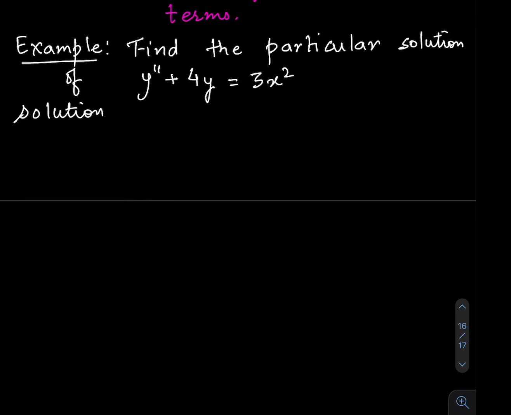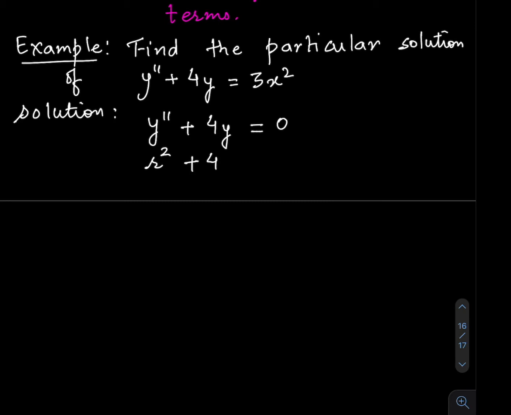So here we are asked only to find the particular solution, but if we are using the method of undetermined coefficients, we need our complementary solution first. And to find the complementary solution, first we write the associated homogeneous equation, which is y'' + 4y = 0. We write our characteristic equation.